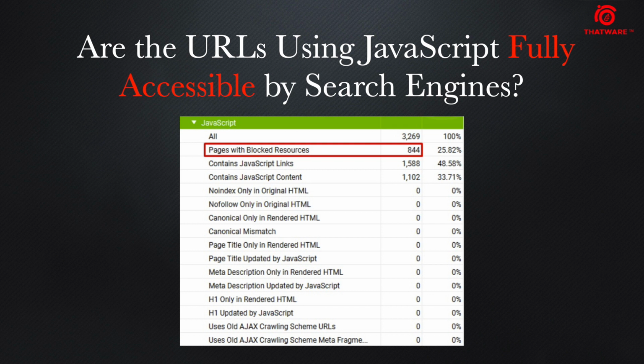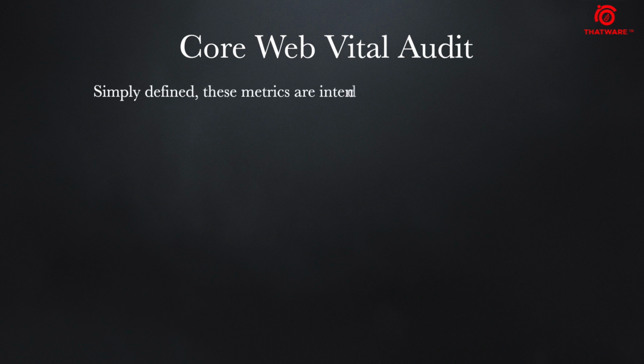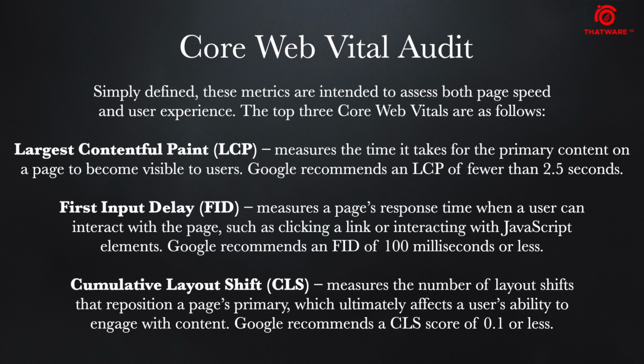Some of the common issues can be blocked resources, pages that contain a noindex or a nofollow or a different canonical link, or even some hashed URLs, which comprise some unstructured URLs that cannot be indexed. Then moving over to Core Web Vitals, this is also an important factor to keep in mind while doing the content audit.